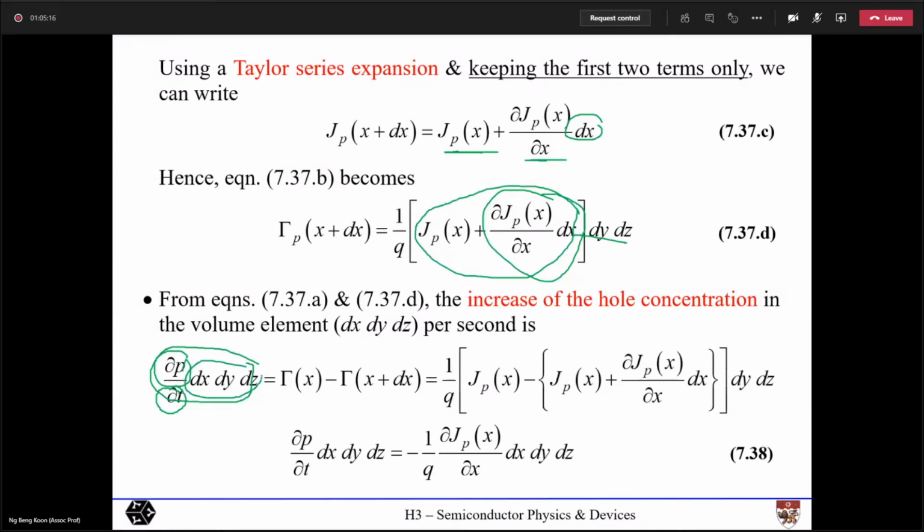If you multiply by the volume, you get the total number of holes changing in that volume element. So what we're left with in the numerator is no longer the number of holes per unit volume, but just the number of holes, per unit time. You have a derivative of time in the denominator.